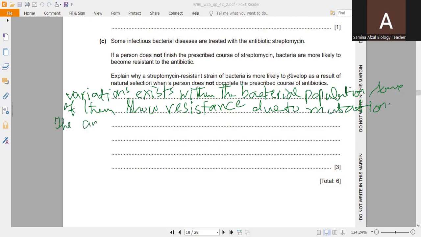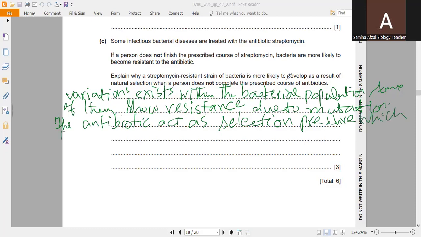The antibiotic acts as selection pressure, which kills the other bacteria but not the mutated one.